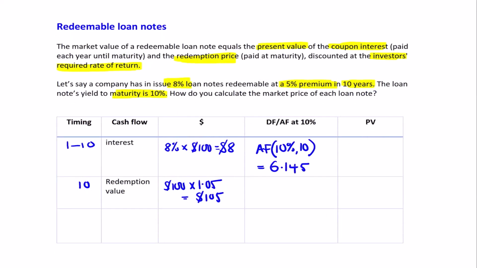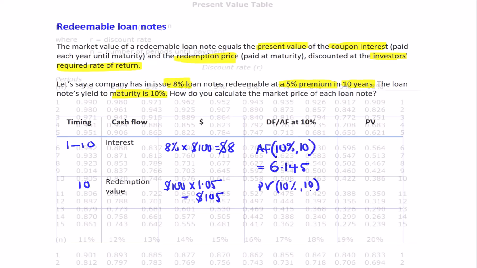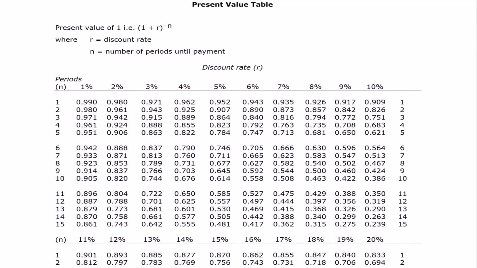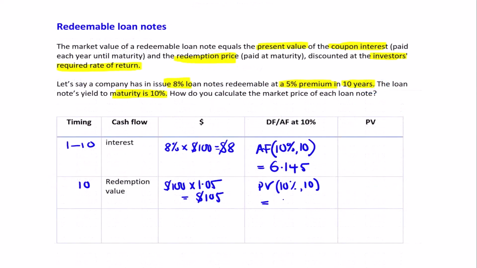We now need to find the present value factor for the redemption value, because that comes in year 10, at the end of year 10. And again, that will be at 10% for year 10. So here we have the present value table, and again we take 10% for year 10, and the value is 0.386.